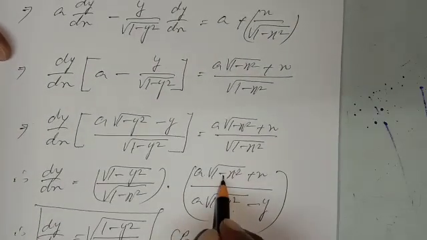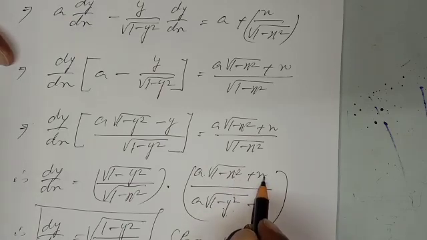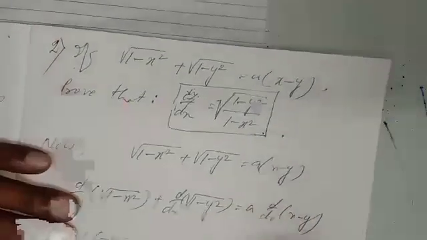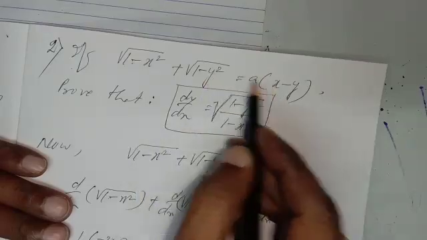See, a into square root of 1 minus x squared plus x, and a into square root of 1 minus y squared minus y. Whether these are equal or not, just to see. The given part is square root of 1 minus x squared plus square root of 1 minus y squared equal to a.